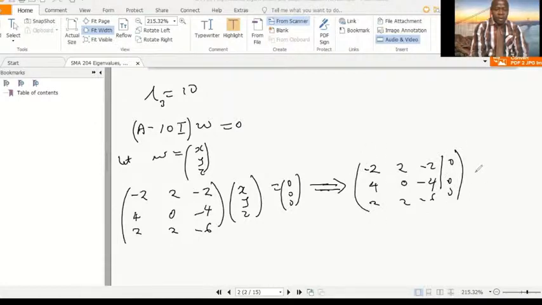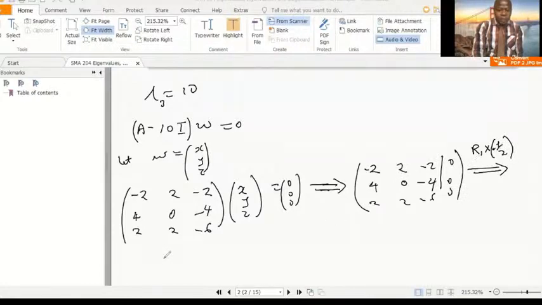Just to do as we did for the first eigenvalue, we multiply row 1 by a constant. This time, let's multiply it by negative a half. I want a positive value here. So when you multiply row 1 by negative a half, what do you get?